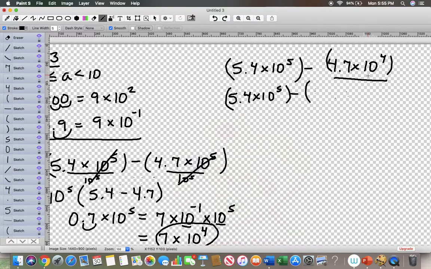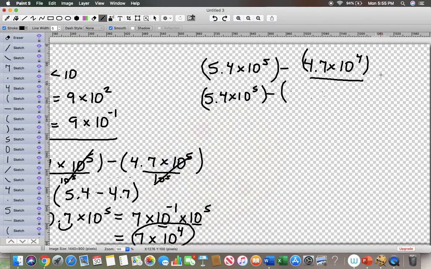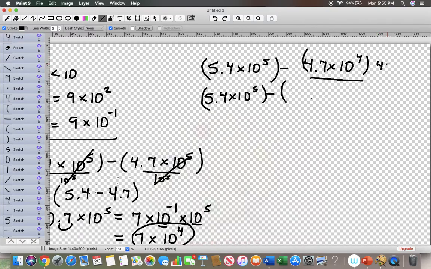If we were to draw 4.7 times 10 to the 4th power out in standard form, the number would be, let's see here, move that over 4 places, 1, 2, 3, 4. The number would be 47,000, but that's not in scientific notation. We're dealing with scientific notation right now. But 4.7 times 10 to the 4th.